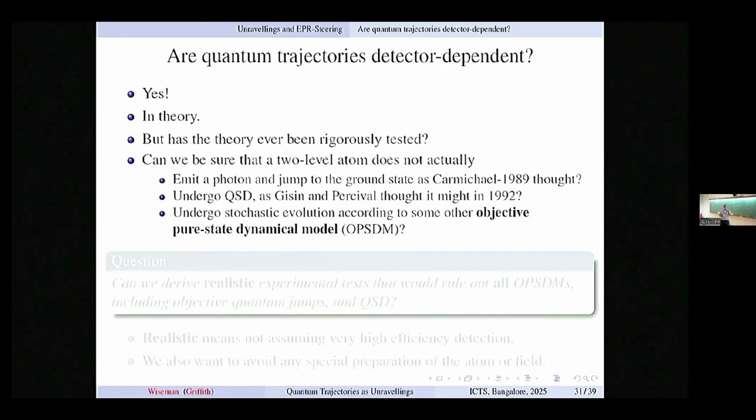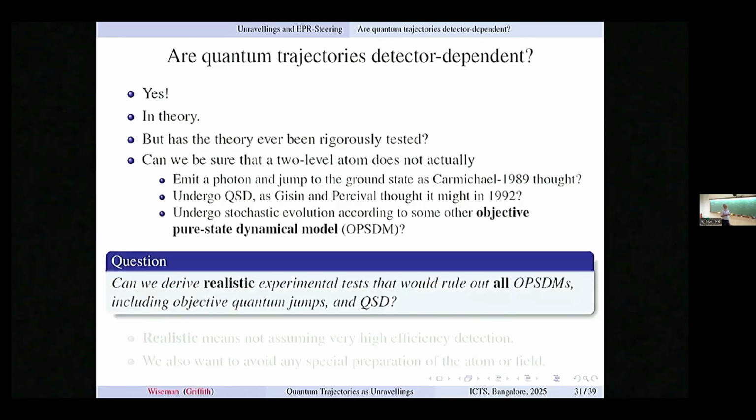We certainly know that it's useful to think about these models we're using, and they seem to agree with experiment, but have we really proven that there can't be some objective dynamics underlying them all? This is a question that, 15 years ago, was the one I was thinking about: can we derive realistic experimental tests that would rule out all objective pure state dynamical models, including objective quantum jumps and quantum state diffusion?